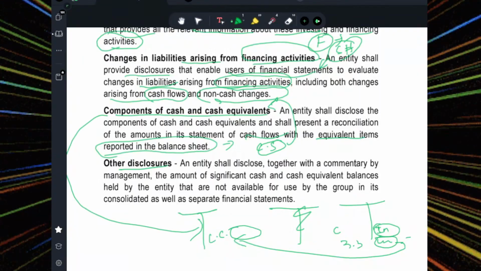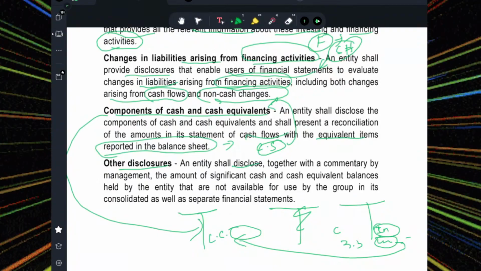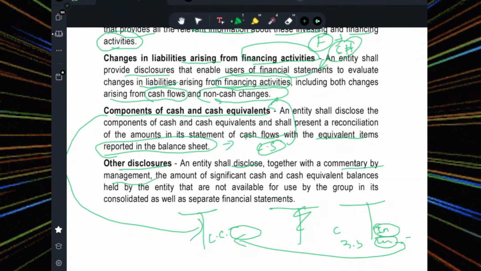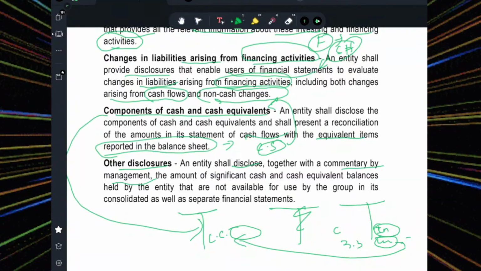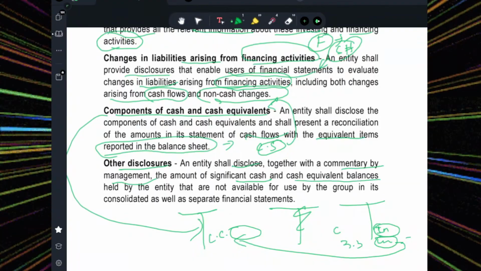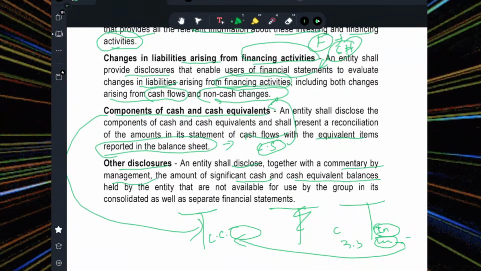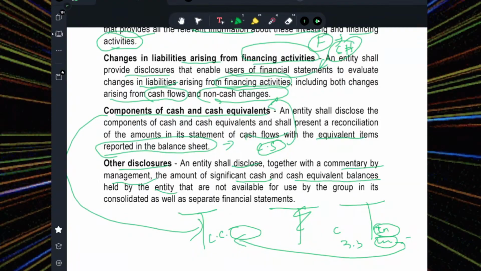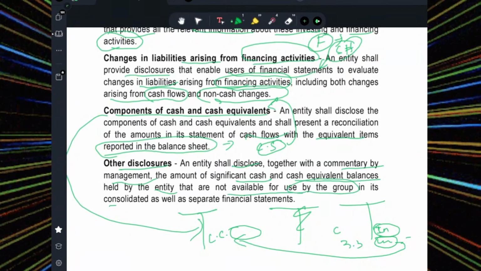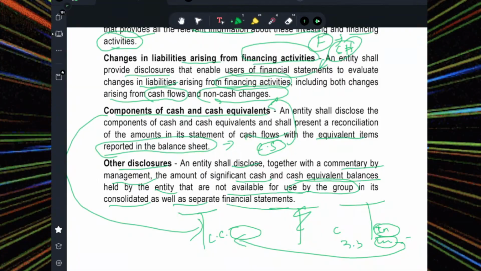Okay. Other disclosure. The entity shall disclose together with a commentary by the management. Management commentary, management report they should mention the amount of significant cash and cash equivalent balances held by the entity that are not available for use by the group, in the consolidated as well as separate financial statements.